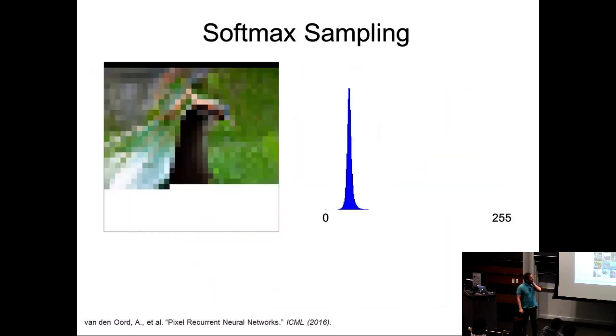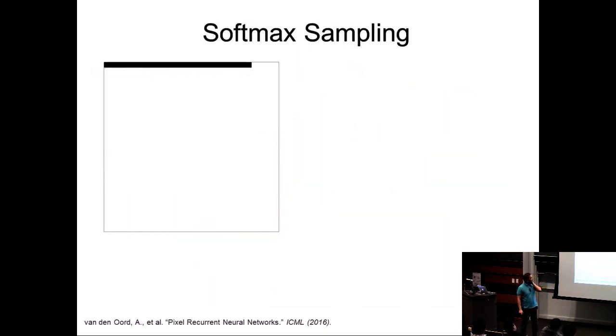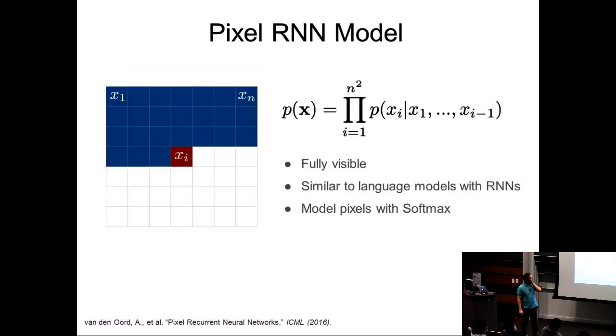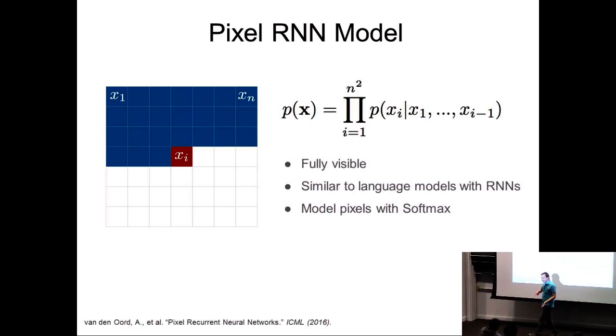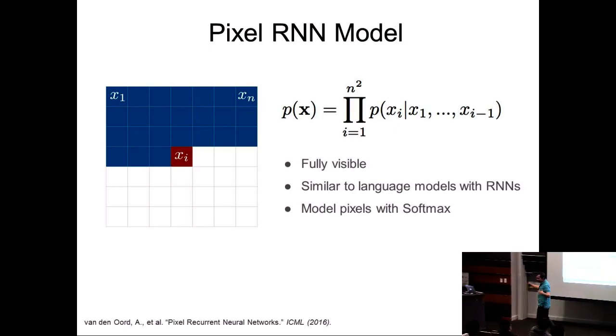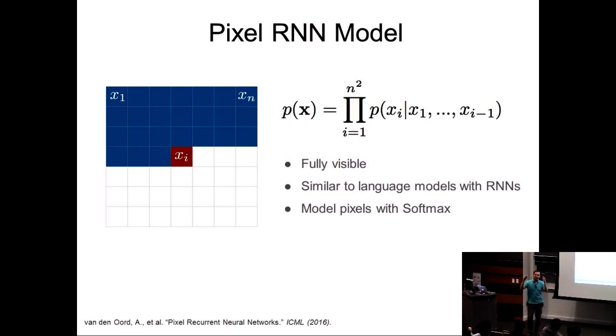Now each conditional probability, if I go back here, is a crazy deep neural network. It takes the whole overall context, passes it through multiple layers, and then predicts 256 numbers, I guess 256 times 3 numbers.